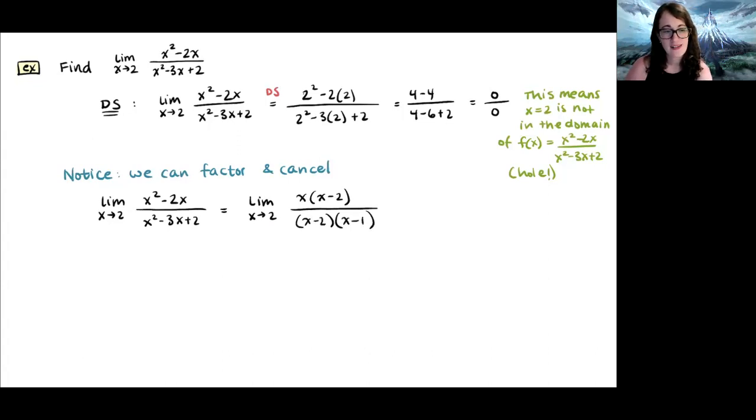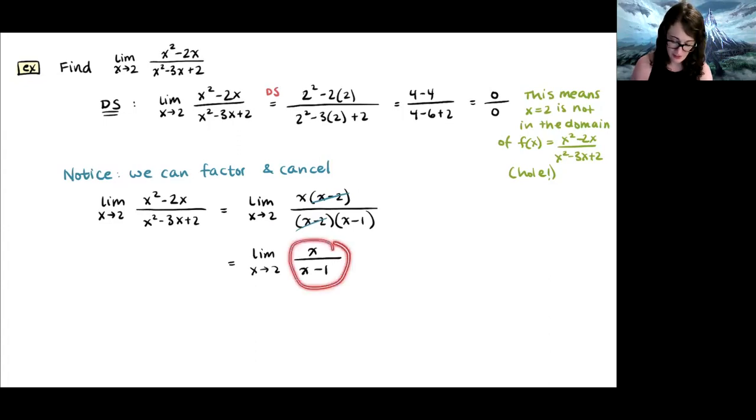And notice here that there is a factor in common. That's where this hole is coming from. That x minus 2 up top and that x minus 2 in the bottom, that is the culprit giving us the 0 over 0. When we cancel these, we're getting a new function, right? Okay, x over x minus 1. This is a new function that's different than the one we started with.